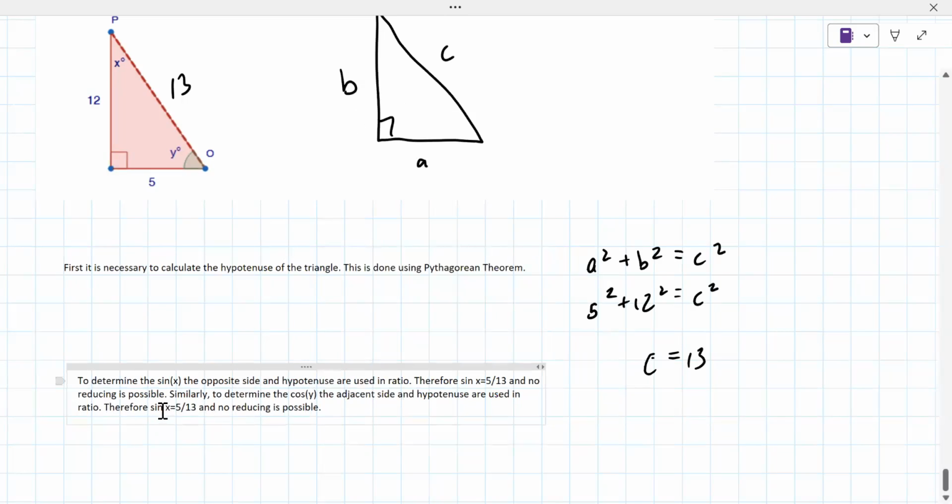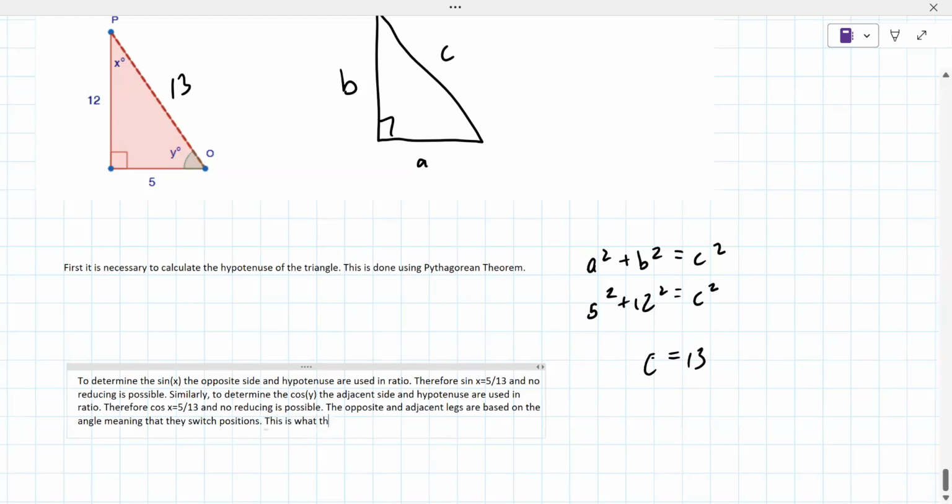And we might make a comment here about the fact that the opposite and adjacent legs are based on the angle, meaning that they switch positions.